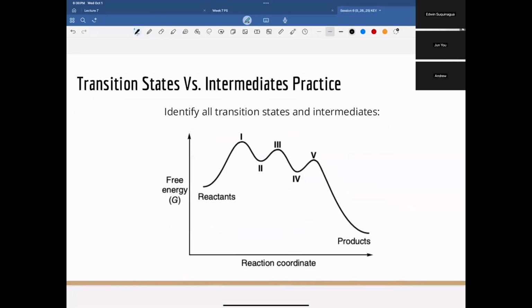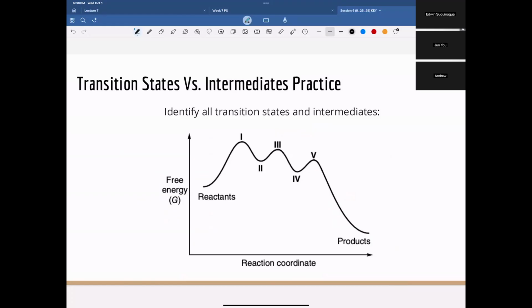Which one is one? So, is that a transition state or an intermediate? Transition state. Well, two, that would be intermediate. Three? So is that also just transition state? Yep, that's the pattern.